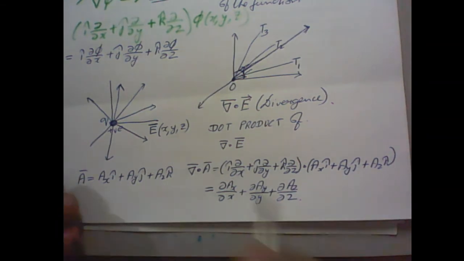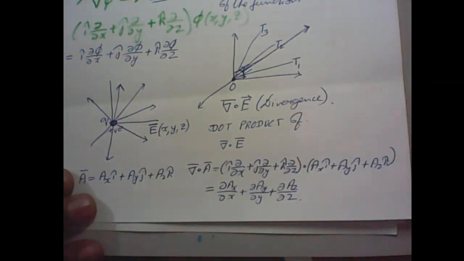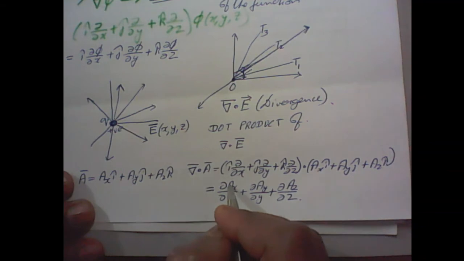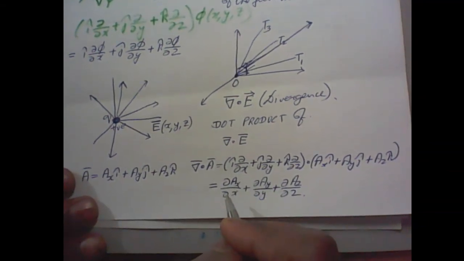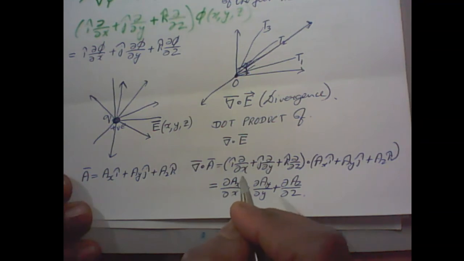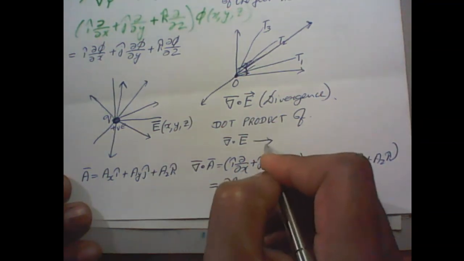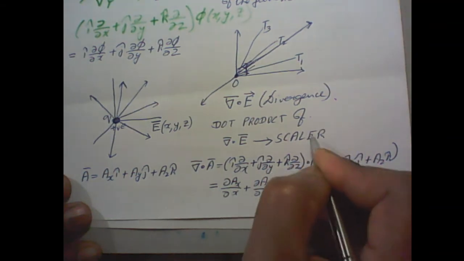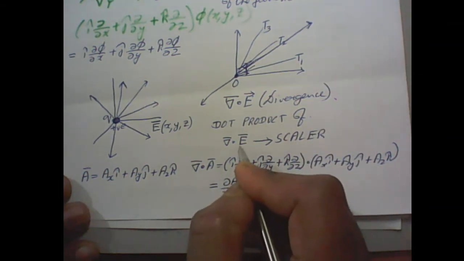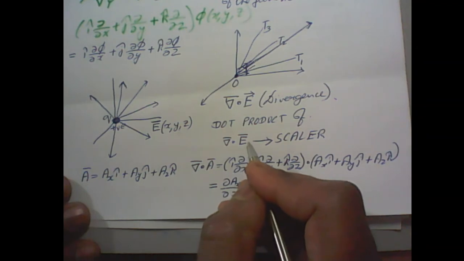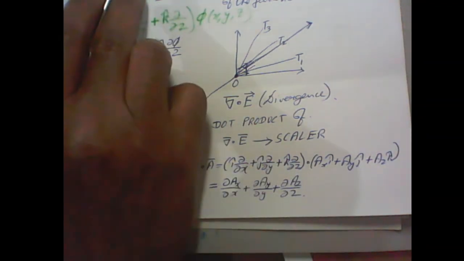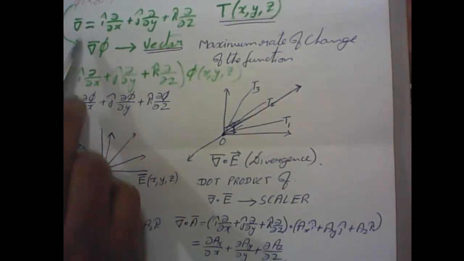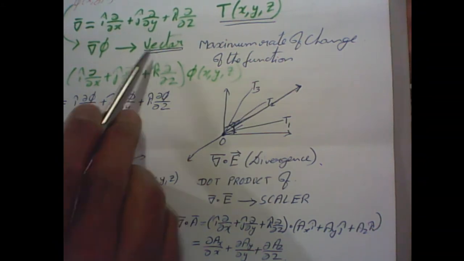So what is this divergence? It is this value. What is the physical significance of this divergence? You can make out the divergence is always a scalar, because the dot product gives us a scalar, unlike the gradient, which is a vector.